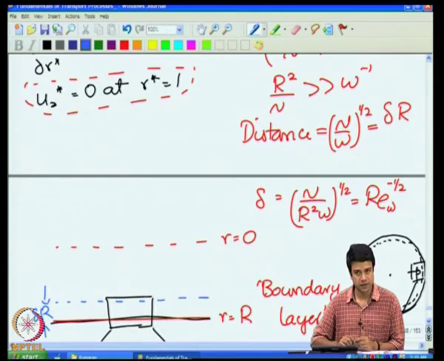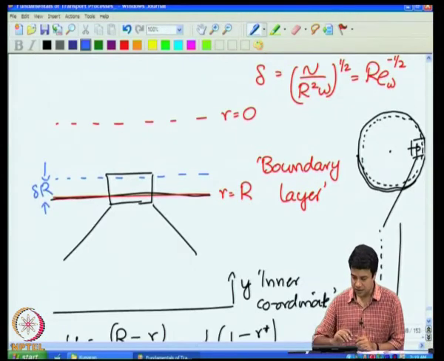Just by dimensional analysis, the thickness of this layer over which diffusion takes place has to be the kinematic viscosity times the period of oscillation to the half power. Or if I scale this by r, then the thickness goes as the Reynolds number power minus half.